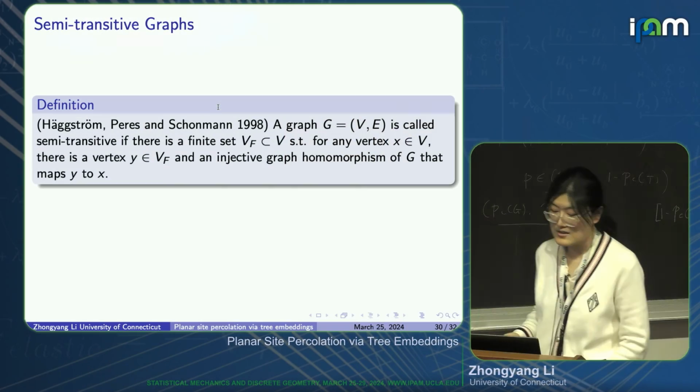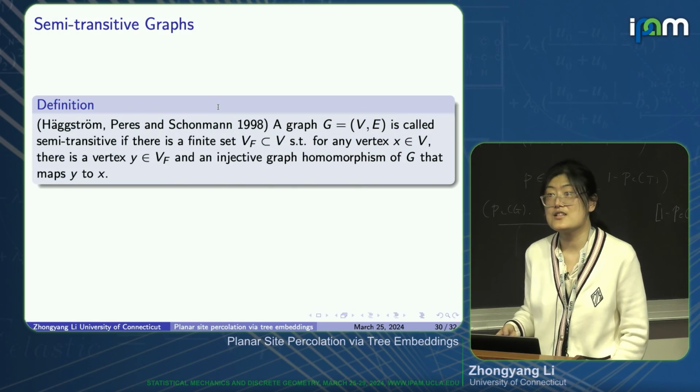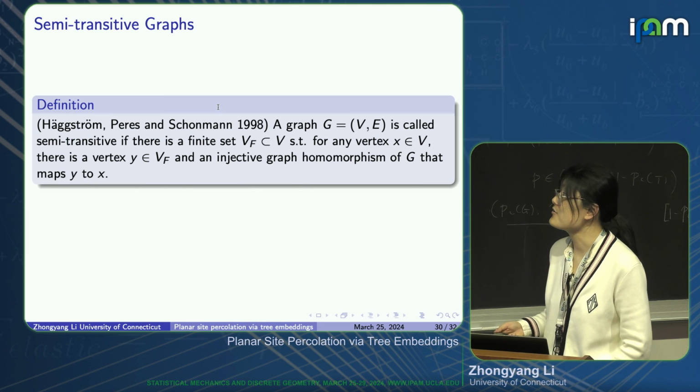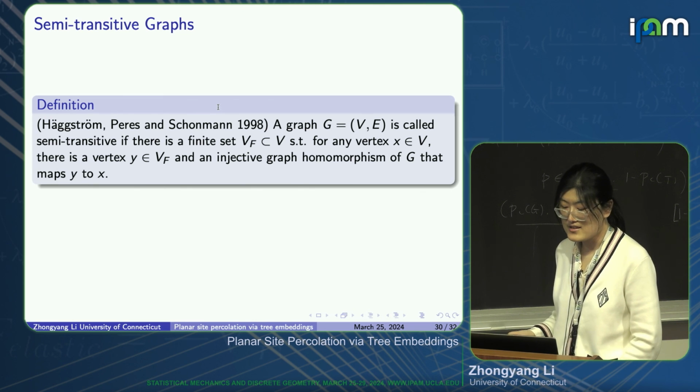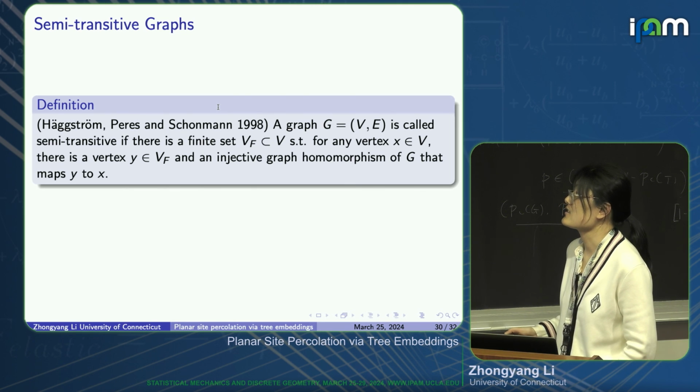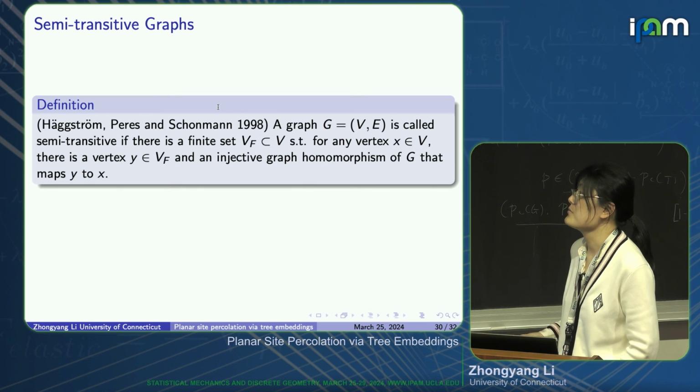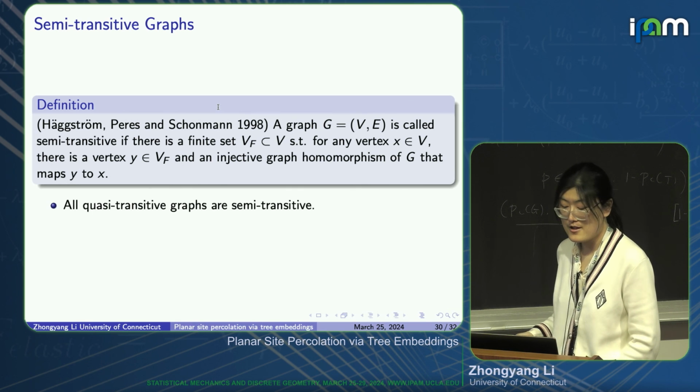This is called the semi-transitive graph. A semi-transitive graph is, again, a generalization of a quasi-transitive graph. That means it has a finite set of vertices VF such that for any other vertex X, we can find a vertex Y in VF such that Y is mapped to X by an injective graph homomorphism, no longer an automorphism, but an injective graph homomorphism.